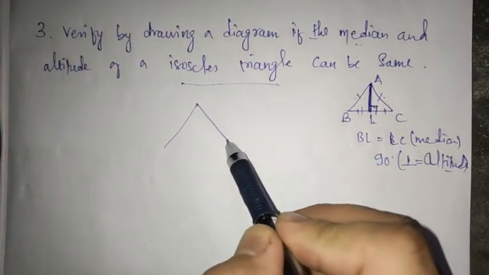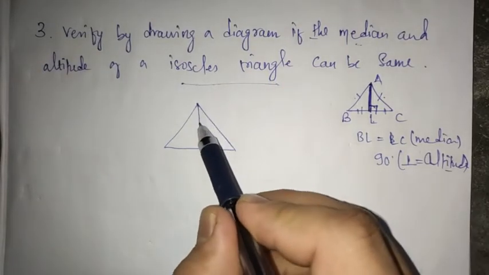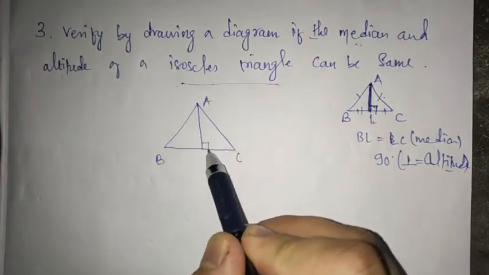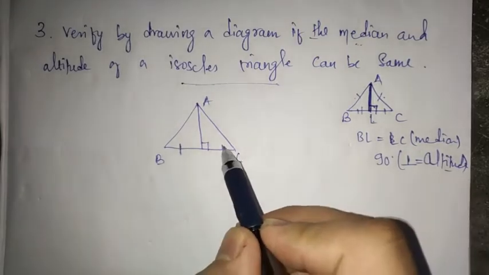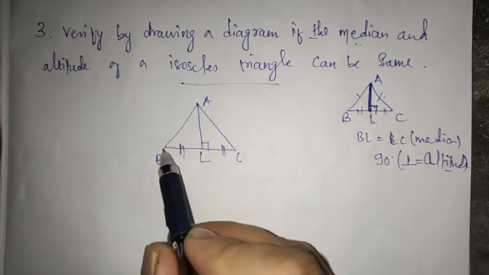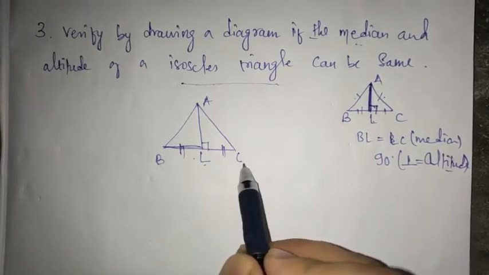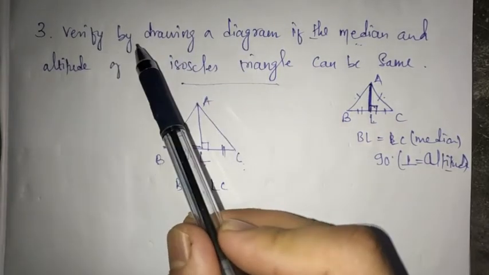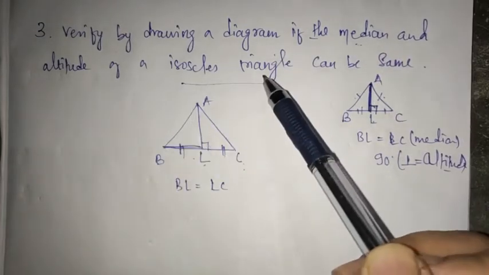So if I draw a diagram like this of one triangle, and if I draw one line segment from one vertex, and if I try to measure the length of this, and if I write this as BL suppose, and if your measurement BL and LC is of equal length, then you can consider yes, it is verified by drawing a diagram that median and altitude of an isosceles triangle is the same.